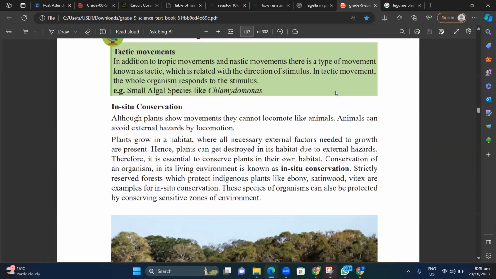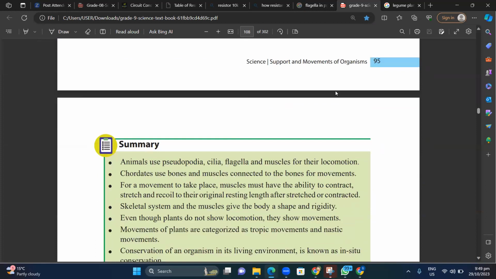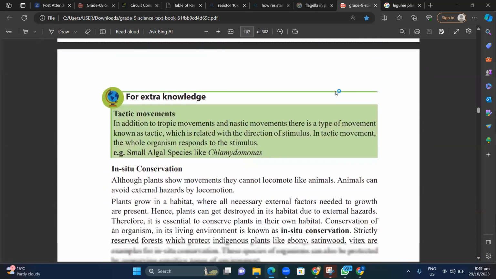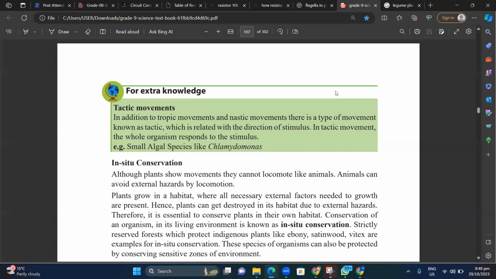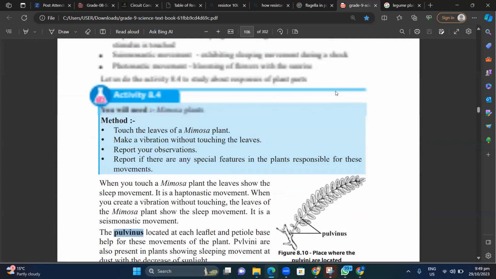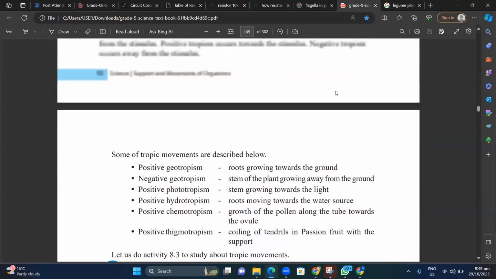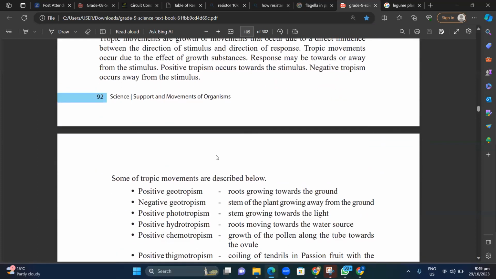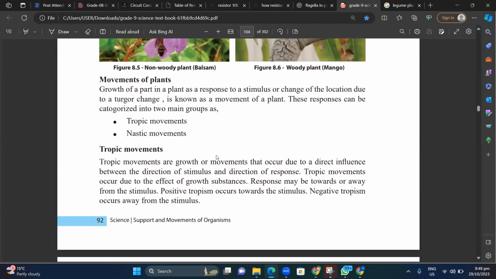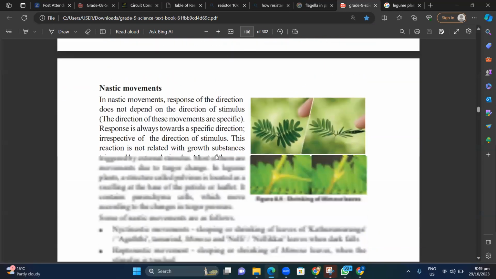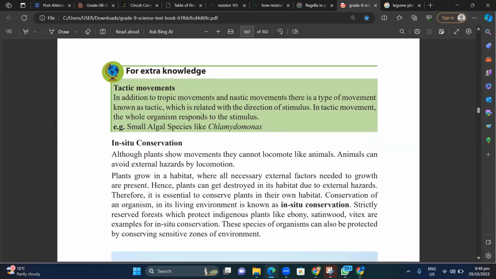Okay, then right, there is another thing. This is for your knowledge. Tactic movements. We have learned about nastic movements and tropic movements, and there's something called tactic movement also. In addition to tropic and nastic movement, there's a type of movement called tactic, which is related to the direction of the stimulus.